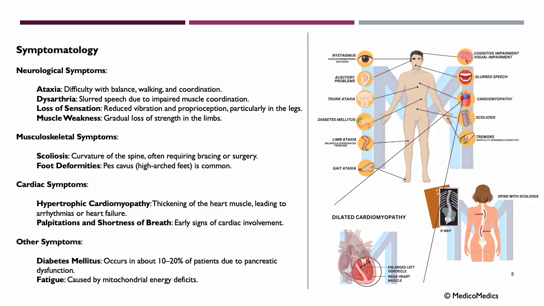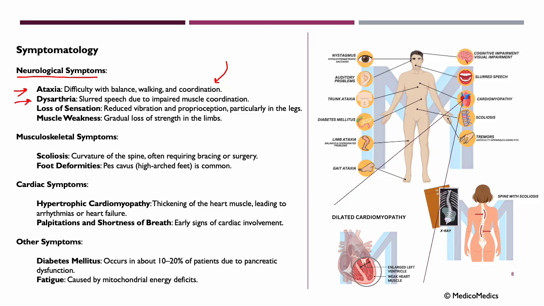Now, because it is a systemic disease or a multi-system disorder, we can classify them into the following. So in neurological symptoms, we will see ataxia. And if you want a more comprehensive understanding of what ataxia is, please do look at our lecture on what is ataxia.